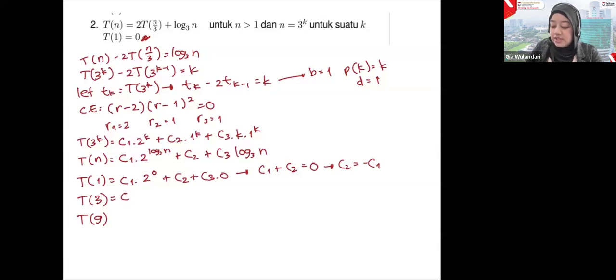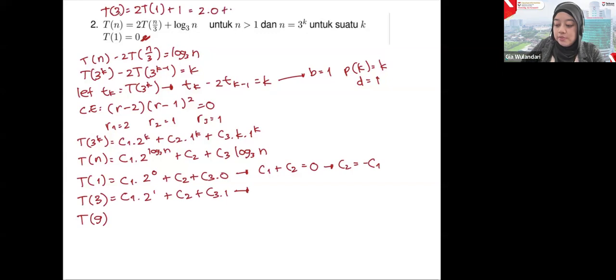So here we will have C1 times 2 to 1, C2, C3 times 1. And from here, T3 means we have 2T1 plus log 3 base 3, which is 1. So we have 2 times 0 plus 1, which is equals to 1. So here it is 2C1 plus C2, where C2 can be written as minus C1 from here. And then plus C3.